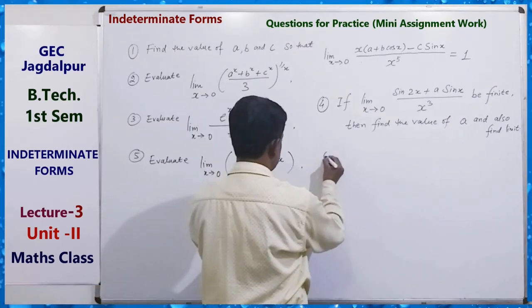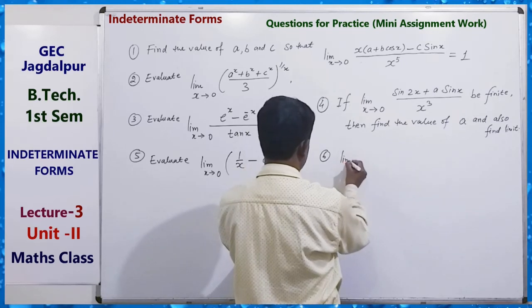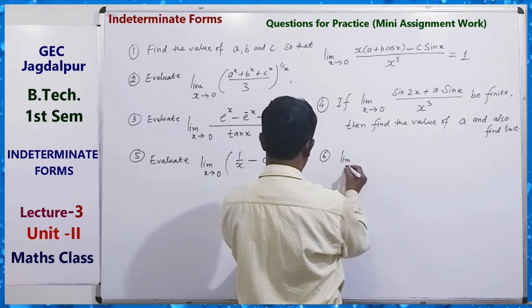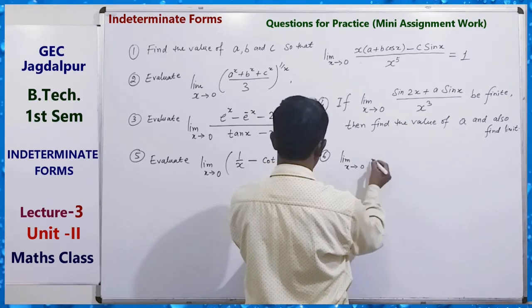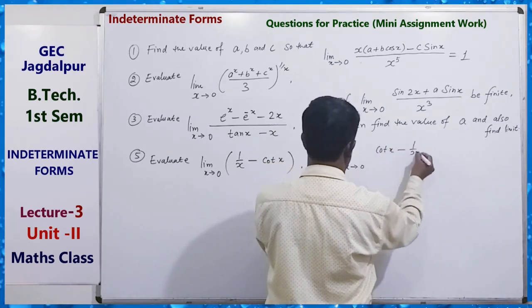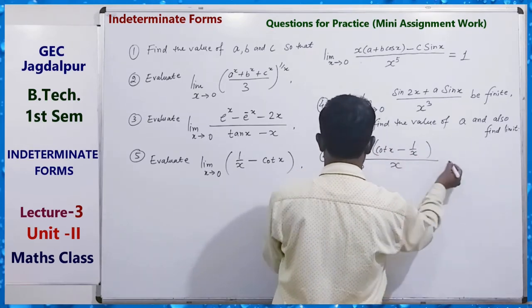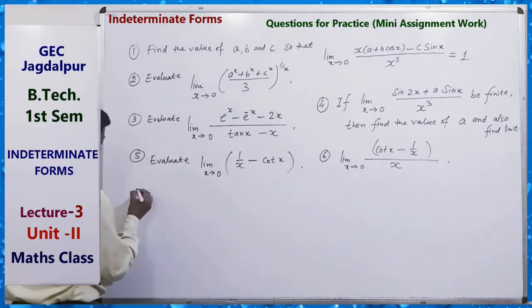Six, limit as x tending to 0 of (cot x minus 1 by x) upon x. Okay.